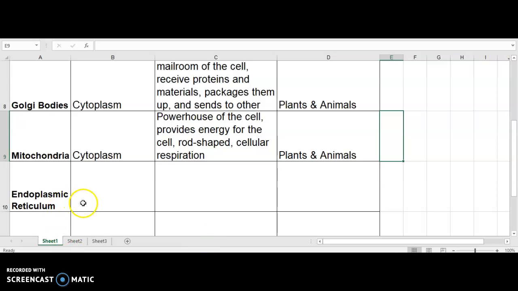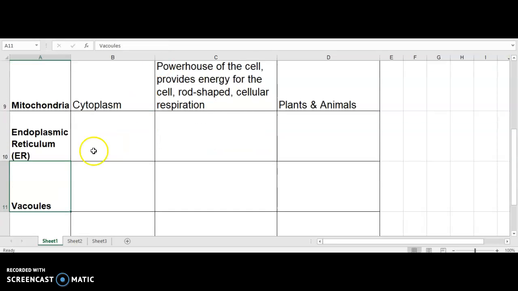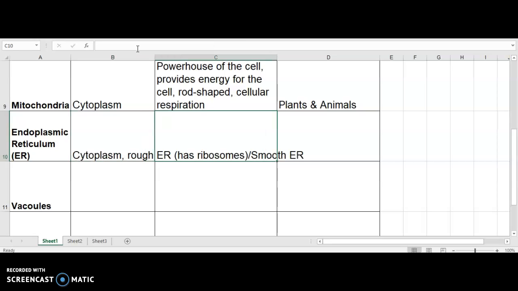Next is the endoplasmic reticulum, which can be shortened to the ER. The endoplasmic reticulum is found in the cytoplasm, but there are two types. There's rough ER, which has ribosomes. Remember, we learned about ribosomes as making proteins. And there's also the smooth ER, which does not have ribosomes.